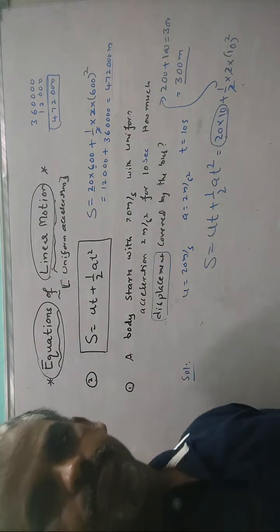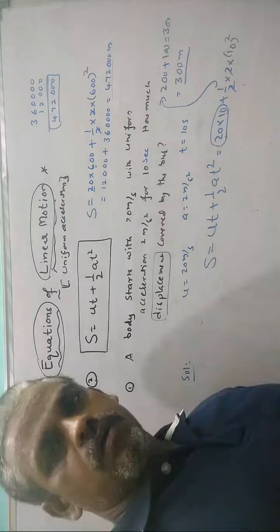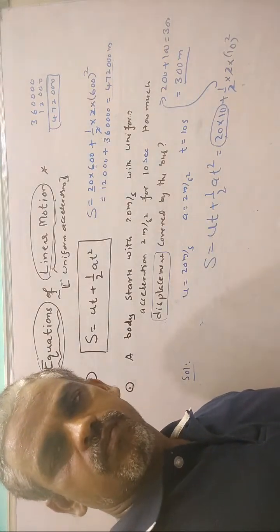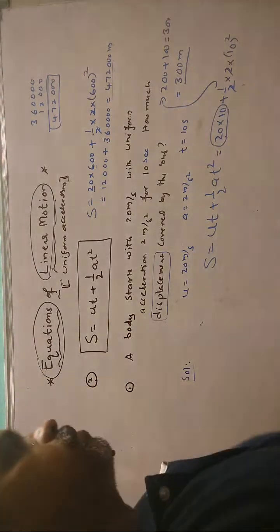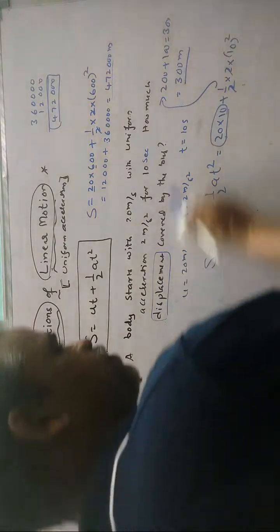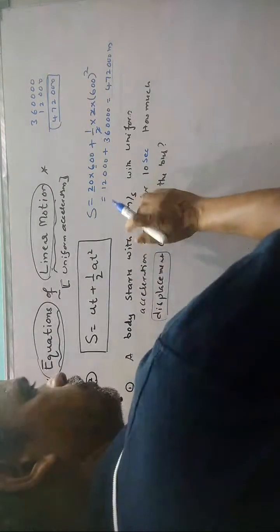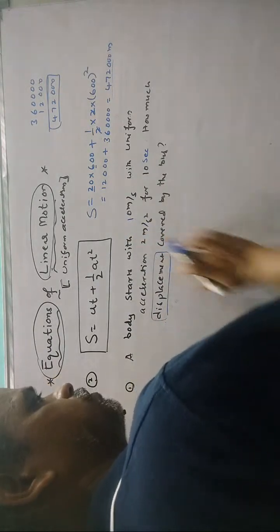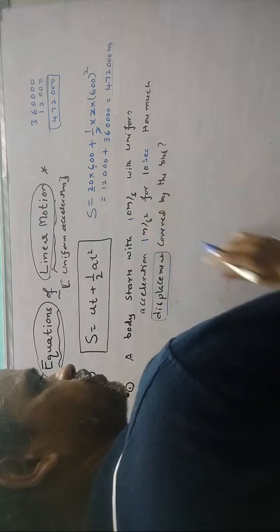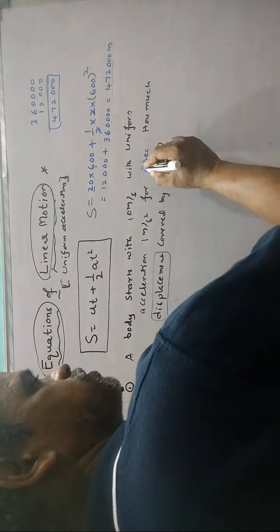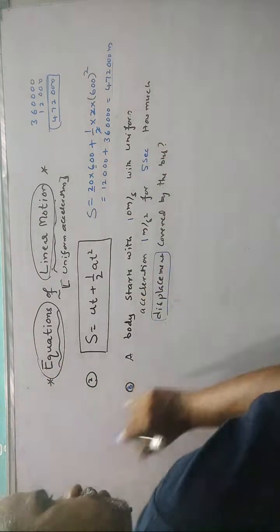Okay, have you understood? Right. So I will give one more problem to you, an easy problem. Why? Because you have to get habituated to this one. So here 10 meter per second, accelerating with 1 meter per second square for 5 seconds. This is the third problem for you.